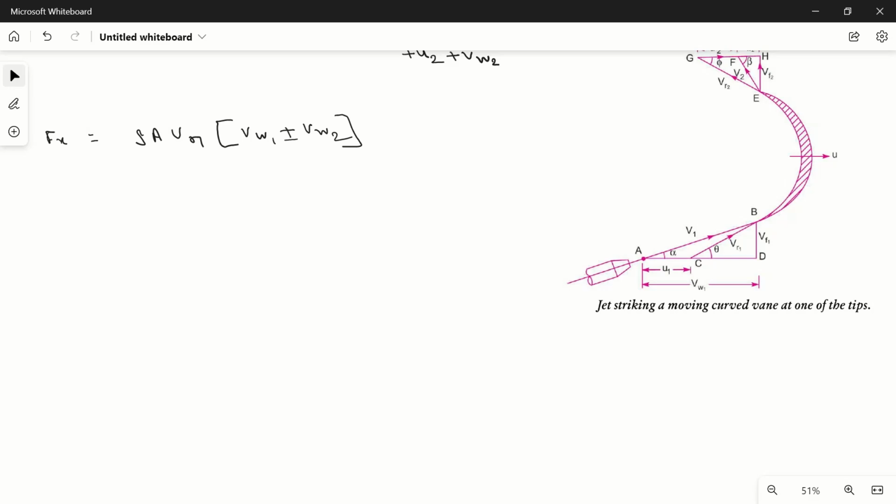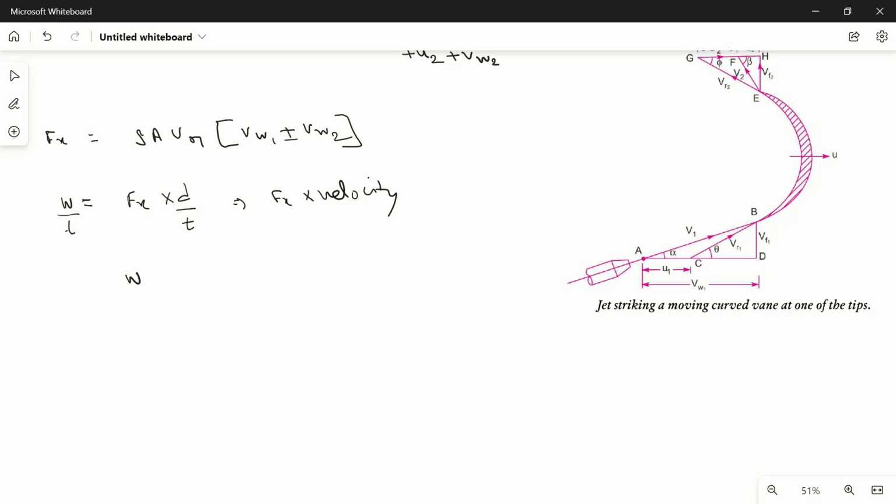So what will be the work done? Work done is equal to force into displacement, Fx into d. So work done per unit time is equal to Fx into the velocity in the direction of force.